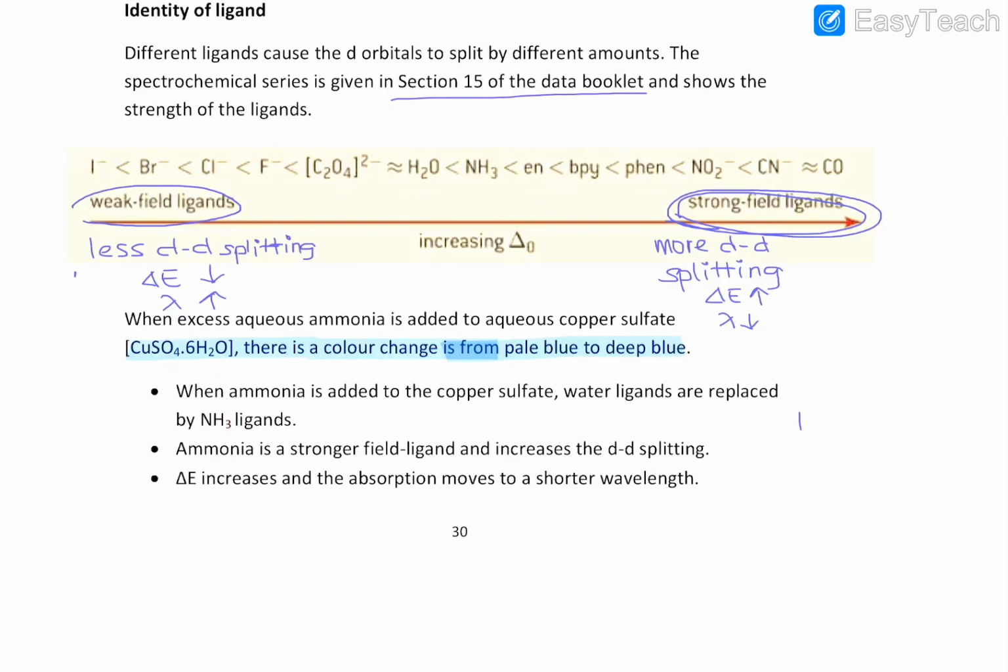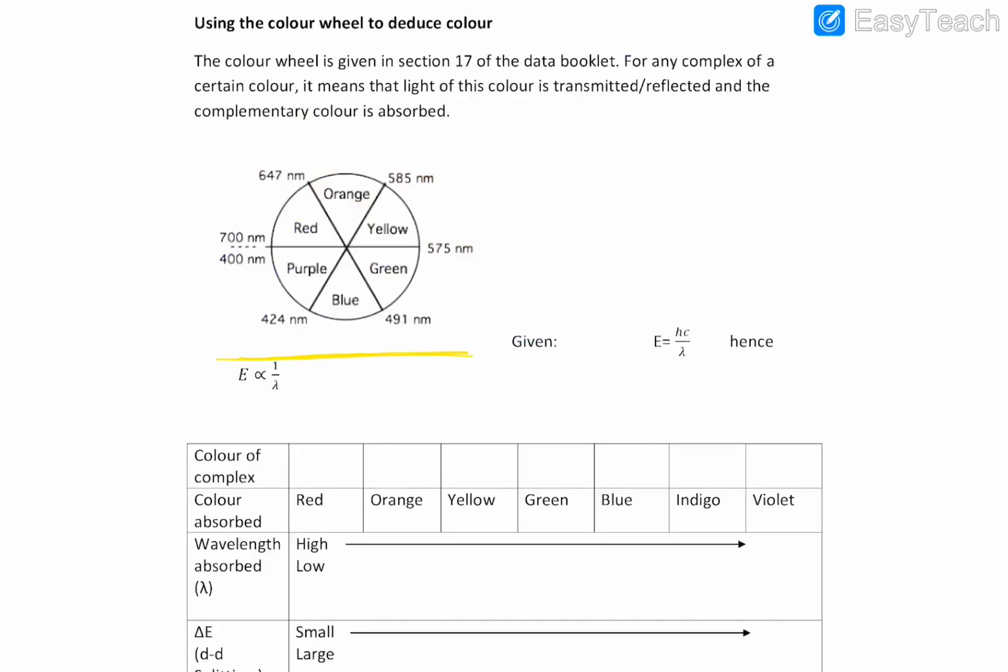As it replaces it, because ammonia is a stronger field ligand, it's going to cause an increase in the d-d splitting. More d-d splitting means that the energy gap between the d orbitals is going to be more, and hence the light that is going to be absorbed is going to be of shorter wavelength. So this is why you have that change in color. It's because of the replacement of the ligands.